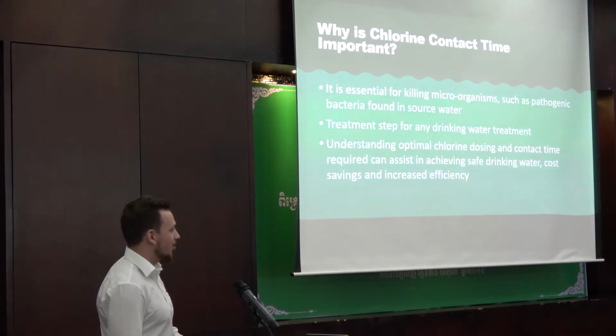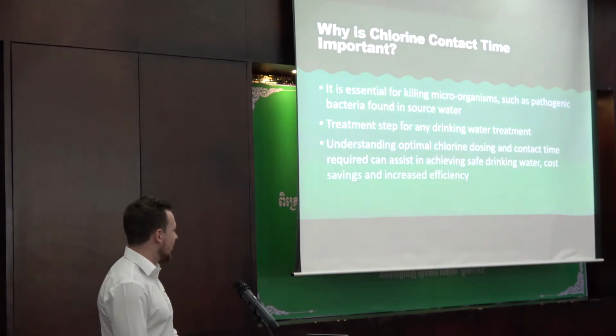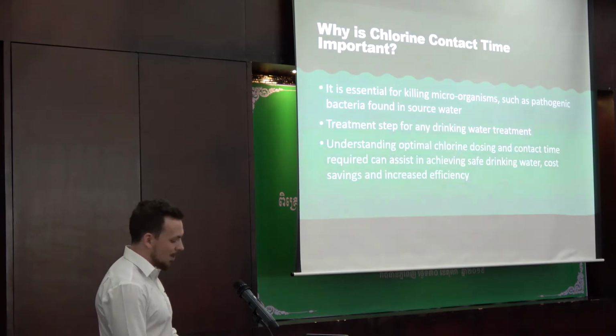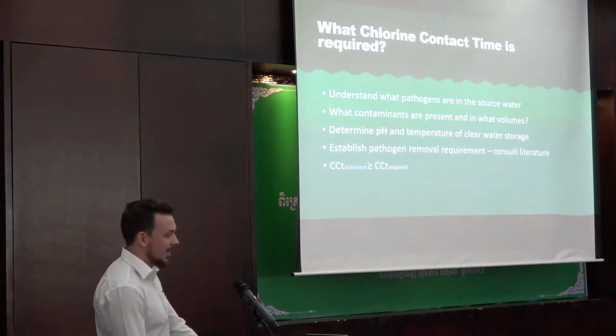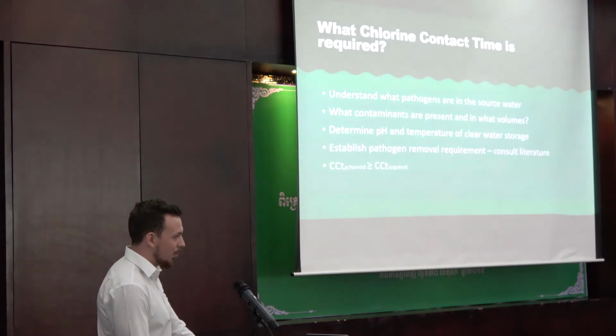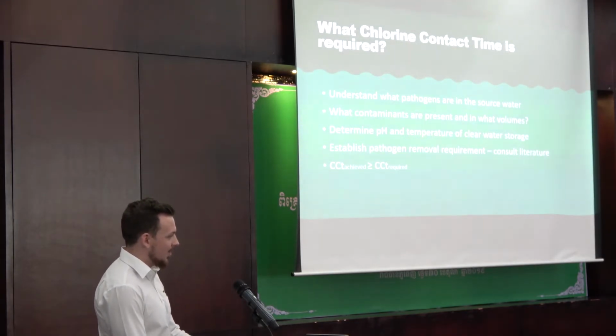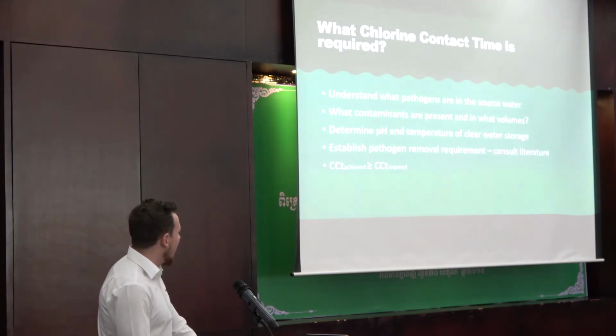To develop your own required chlorine contact time, you need to know the pH of your water, the temperature of your water, and the pathogens in your source water. So source water analysis would be required to figure out what pathogens are present and at what volumes.